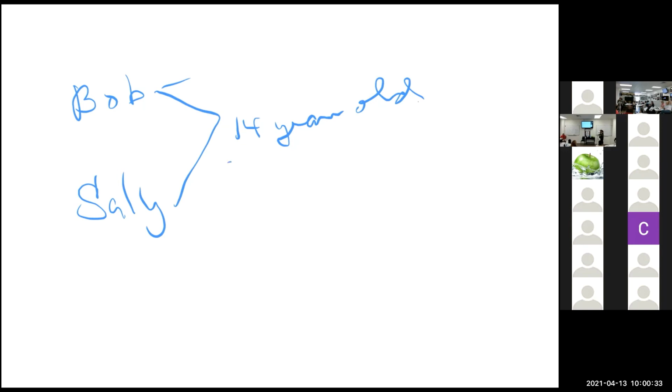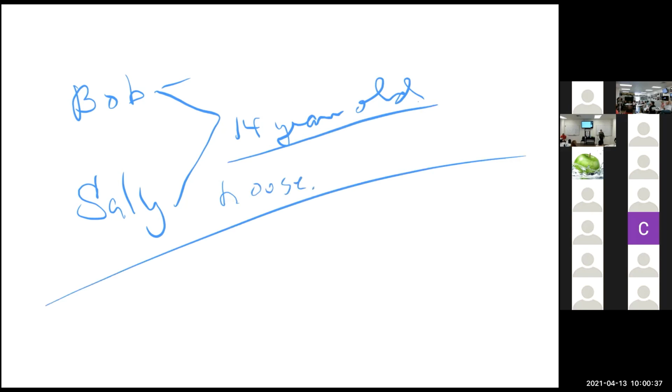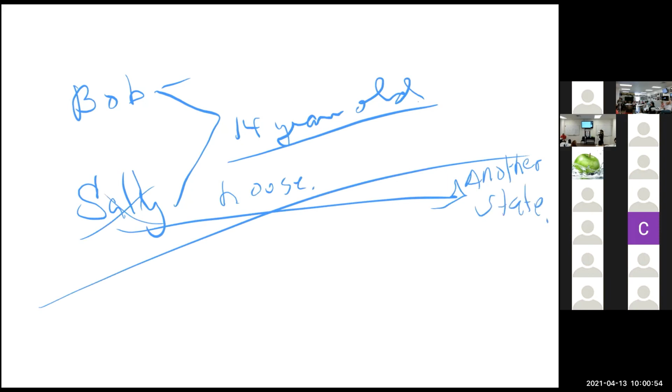So they got married and they bought their first house together. Several years went by and they had a bitter divorce. They basically outgrew each other, and Sally moved out and moved to another state. They got divorced, never thought of anything.